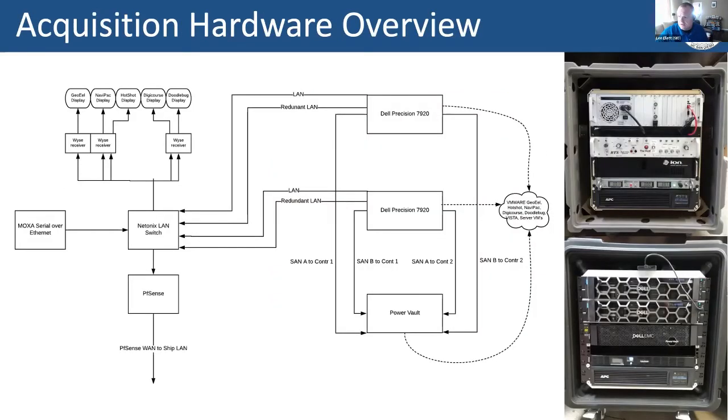Then we also have, we've recently been going to VMware. So we just have 2 computers, and then we run everything as a virtual machine. And that's so that it's easier for the engineers and technicians to administer these systems. It's a lot more compact.